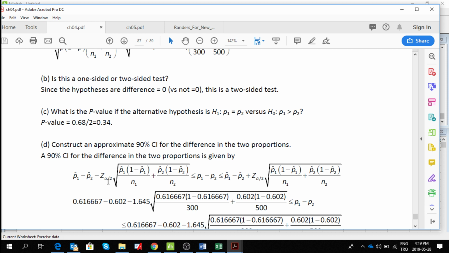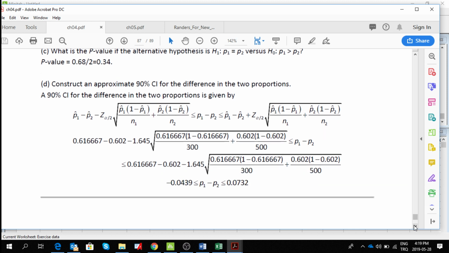The alpha over 2: alpha is 10%, 0.1. Take half of it, 0.05. We can find it from the table. p1 hat minus p2 hat, we found at the very beginning. So this is going to tell us that the confidence interval for the difference is going to be from negative 0.0439 to 0.0732. And this is the end of the question.